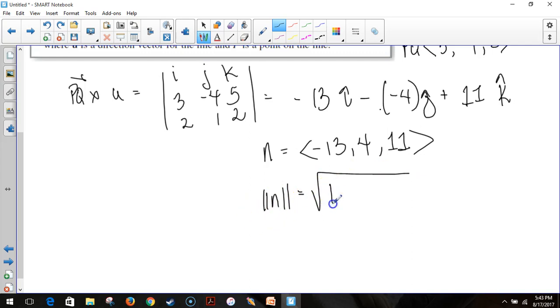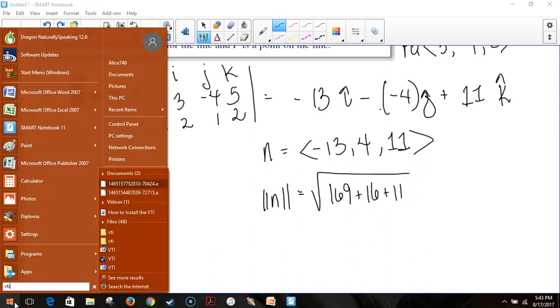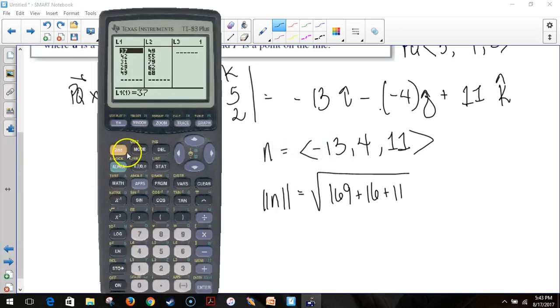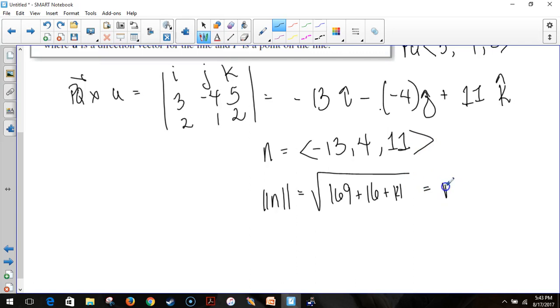And I can find the magnitude of n. So I have 169 plus 16 plus, how about 121, not 11, 11 squared, and I get the square root of 306.